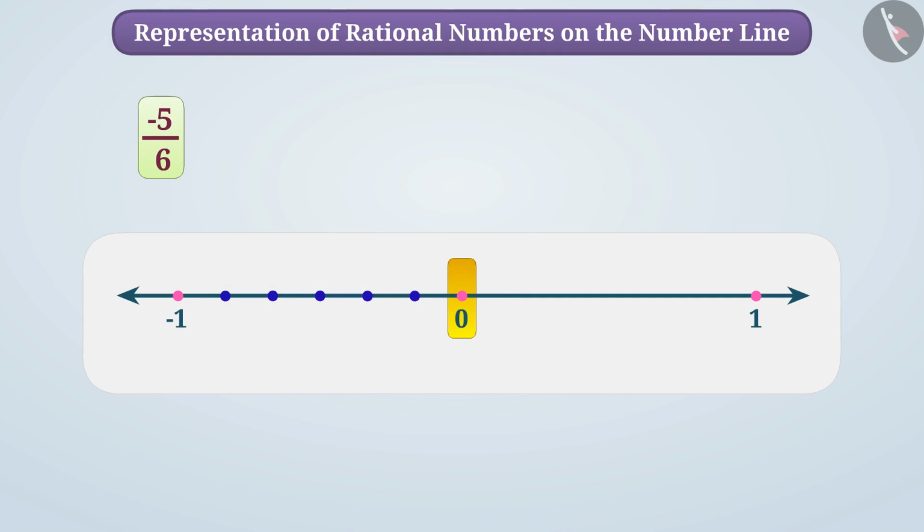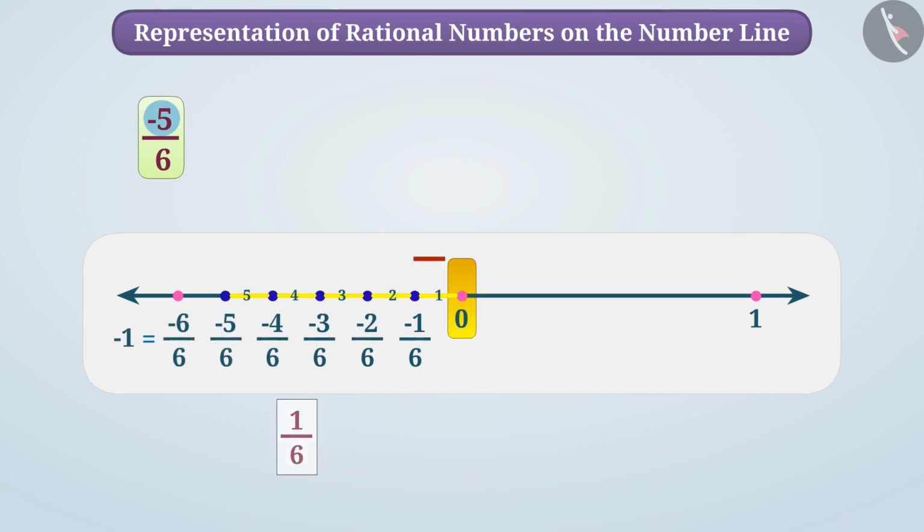In this way, the distance between any two consecutive parts of these 6 parts will be 1 by 6. The fraction of rational number minus 5 by 6 tells us that we have to take 5 parts of 1 by 6 distance to the left of 0. This will give us the exact location of minus 5 by 6.